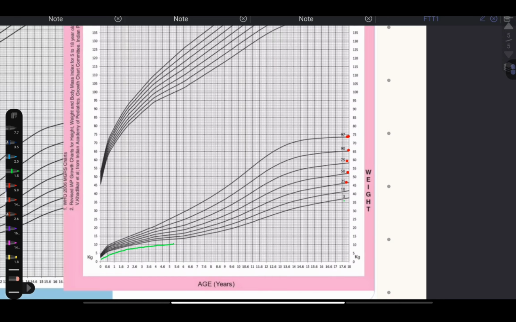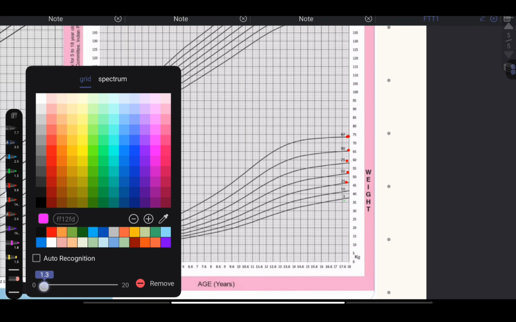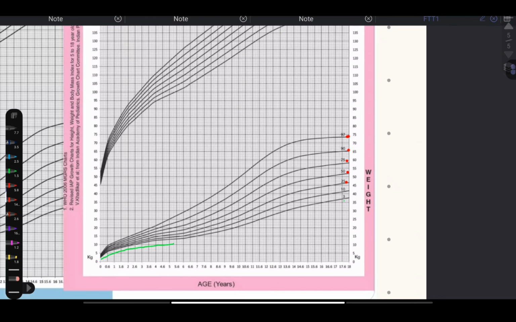The second characteristic was failure to gain weight over a period of time. So let's take another color to describe it. Suppose initially the child was following the normal growth curve above the 50th centile, and then say due to some reason after the age of 3.6 the growth has plateaued, there is no further gain in weight, then we will also call it failure to thrive.